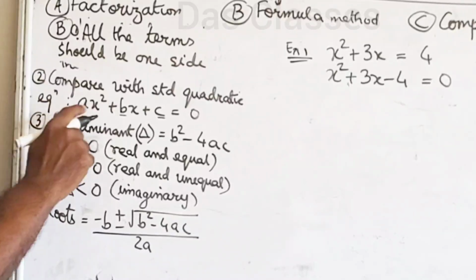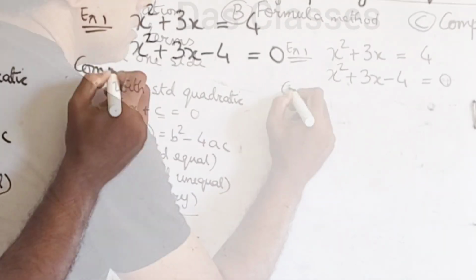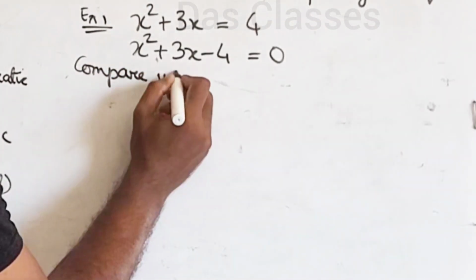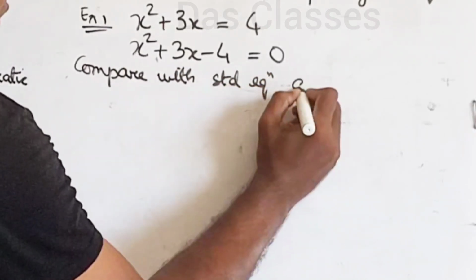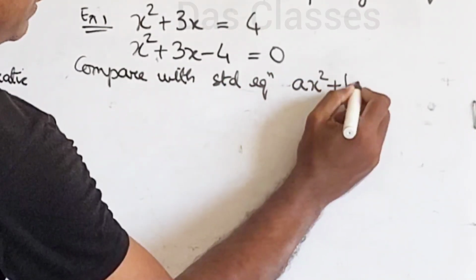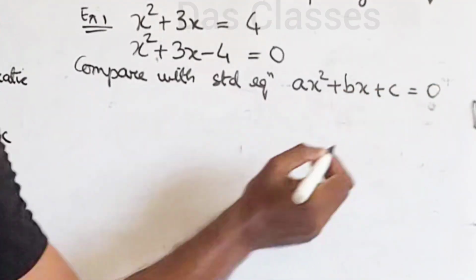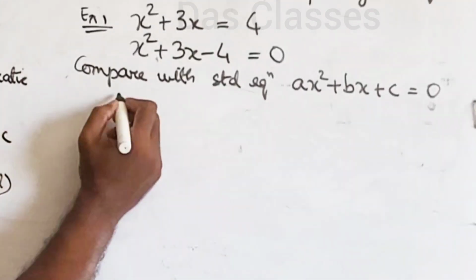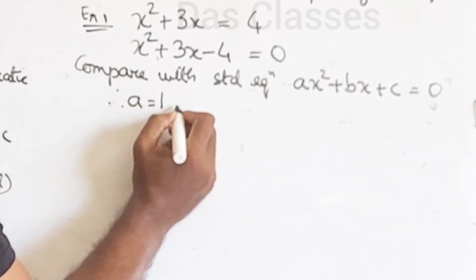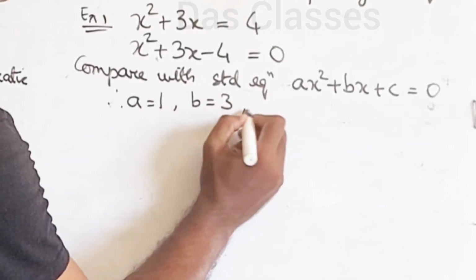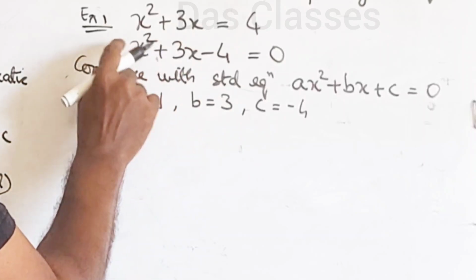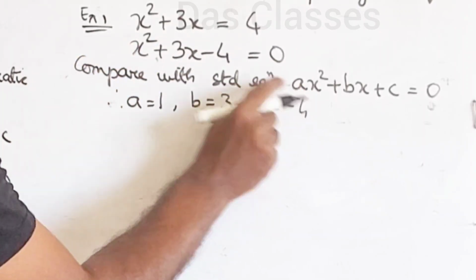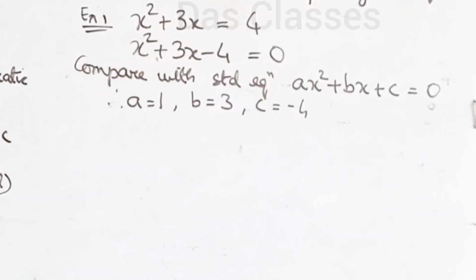Second step is to compare with the standard equation ax square plus bx plus c is equal to 0. Therefore, a will be equal to 1, b is equal to 3, and c will be equal to minus 4. There is nothing written with x square, so the a part is 1, b is plus 3, and c is minus 4.